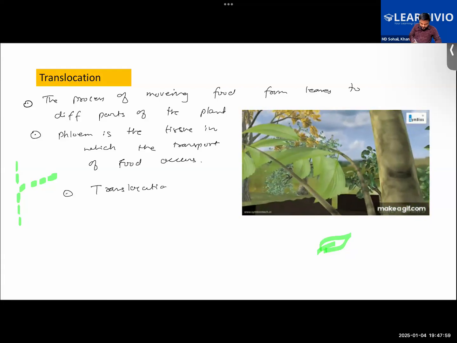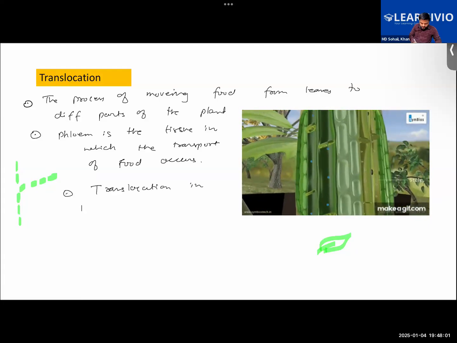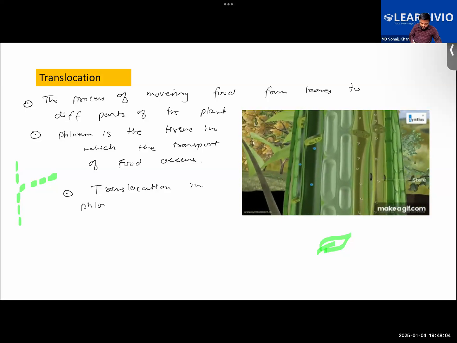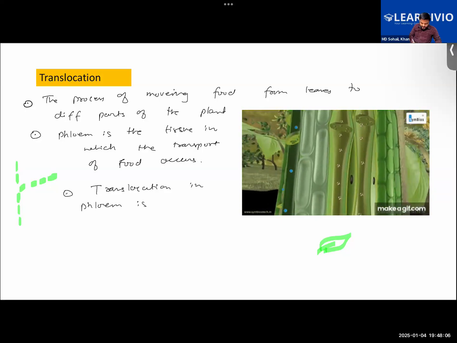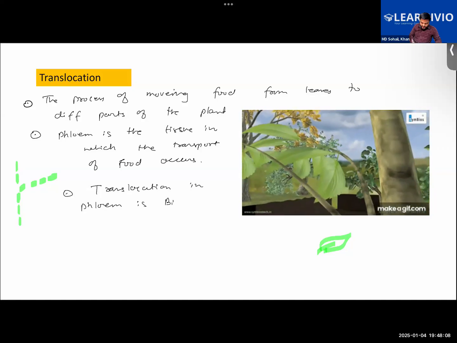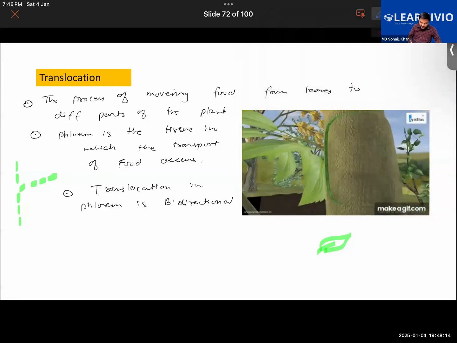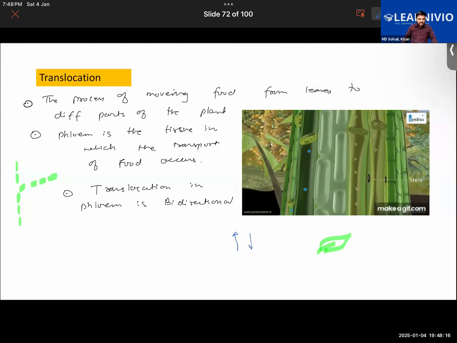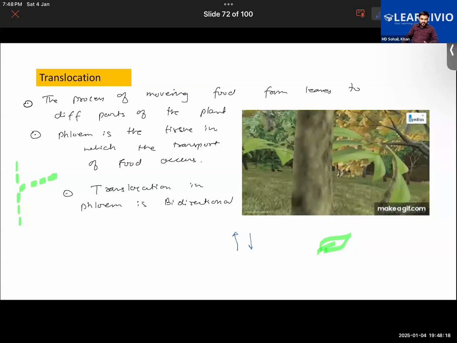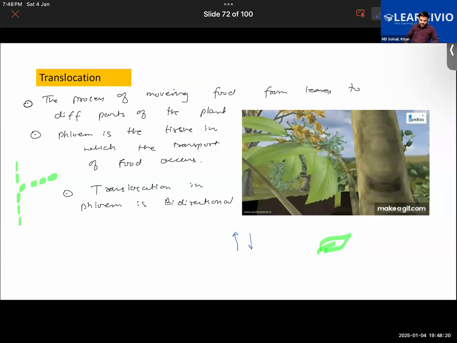Translocation in phloem is bidirectional, which means the food will go in the upward direction and also in the downward direction. So it moves in both directions. Hope that is clear to you.